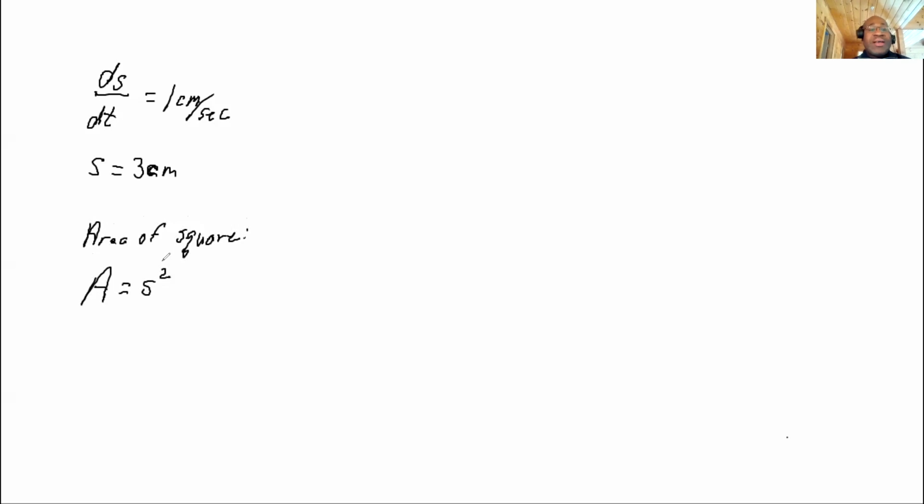Well, remember, our goal is to find dA/dt. So what we do, we begin with the area formula of a square, A equals S squared.